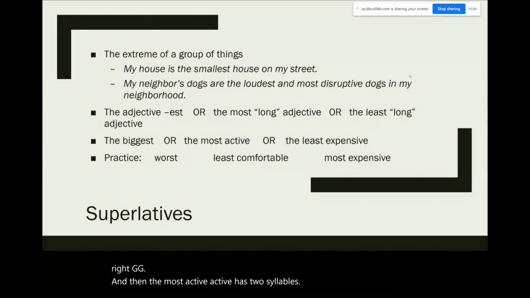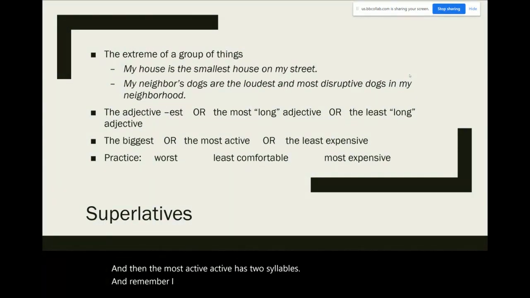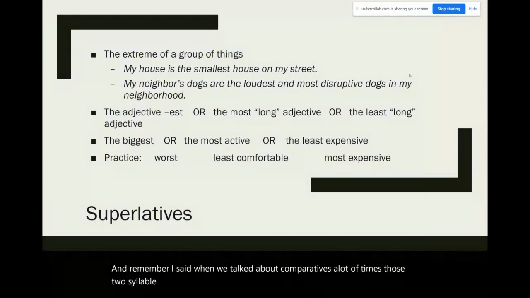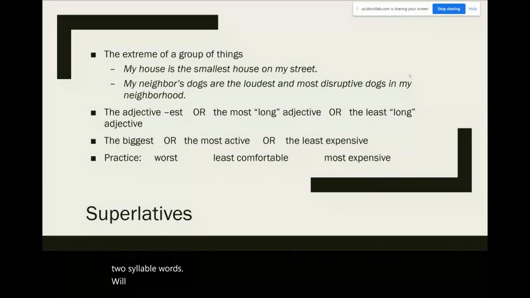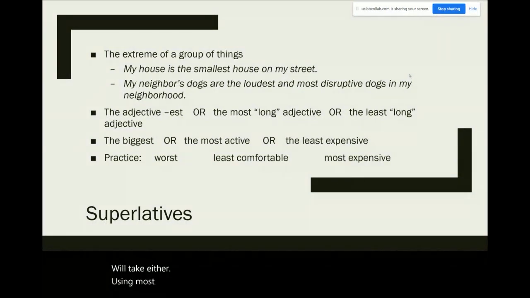And remember I said when we talked about comparatives, a lot of times those 2-syllable words will take either most, more, or the ER or the EST. This is one of the words that we want to keep with most, okay?